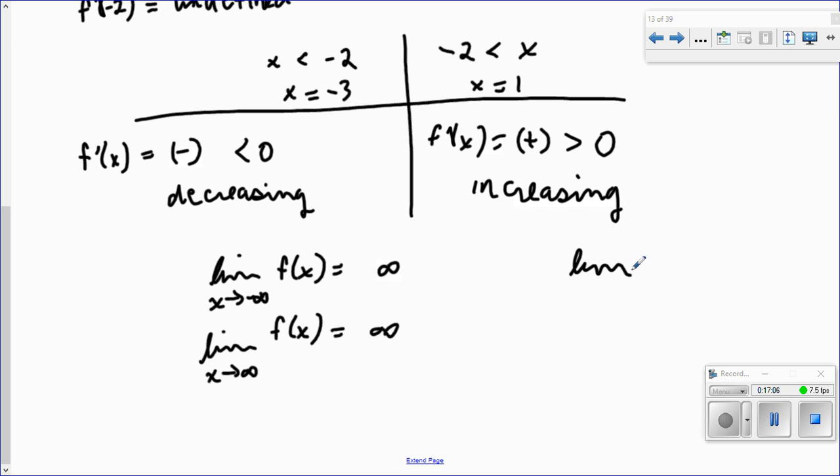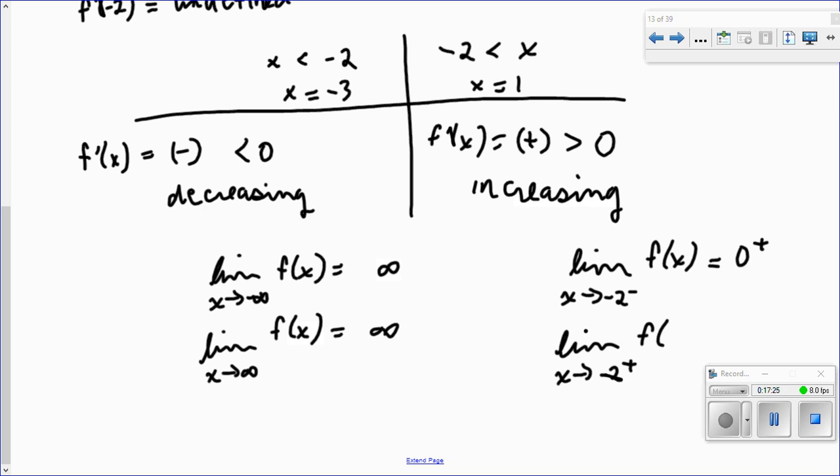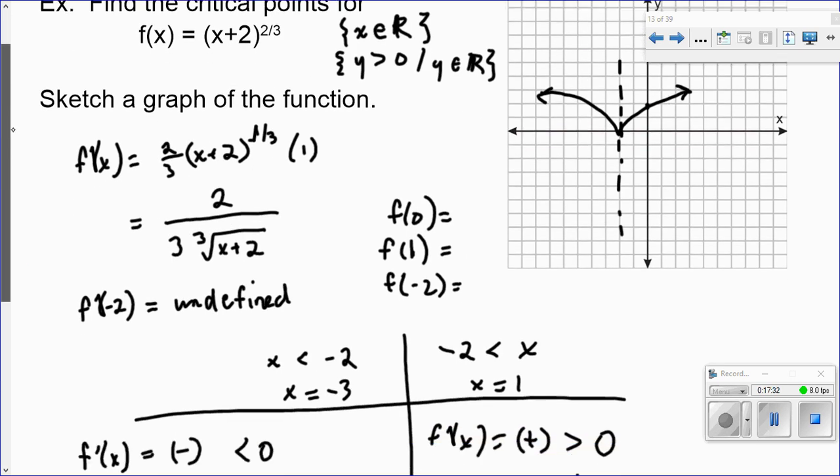And how about the limit as x approaches -2 from the left of my function? It looks like I've got 0 from the top. And the limit as x approaches -2 from the right of my function, we approach 0 also from the top. And that's represented up here.